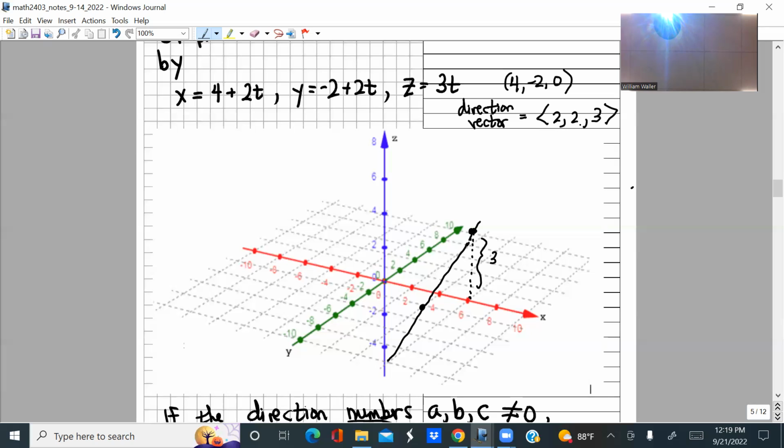Now, if you didn't want to use the direction vector, of course, you could have found another point on the line. Here's one point on the line. How could you find another point on the line? Just by picking different values for t, correct? So you could have picked a different value for t other than 0. If you pick 0, you'll get this point, right? But pick a different value for t other than 0 and that would give you a second point. Let's let t be equal to -1 just for fun here. And what point does that give me? So if t is -1, I will get 2? Am I going to get this point?